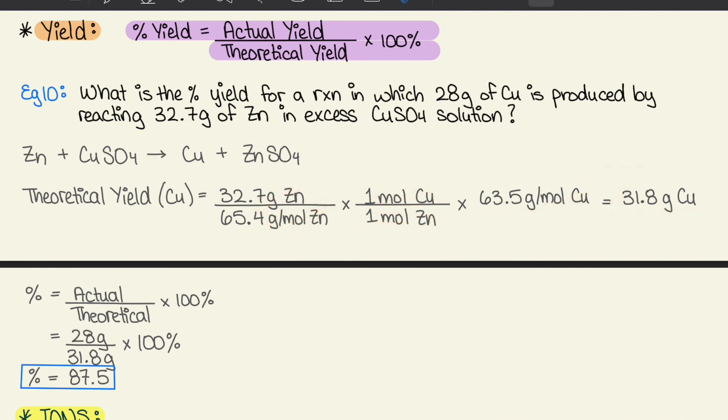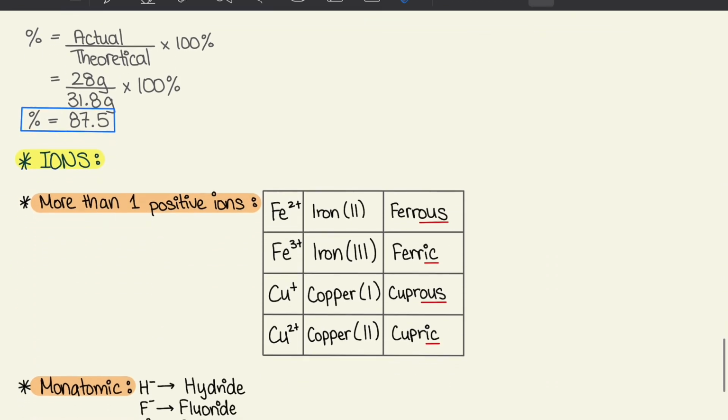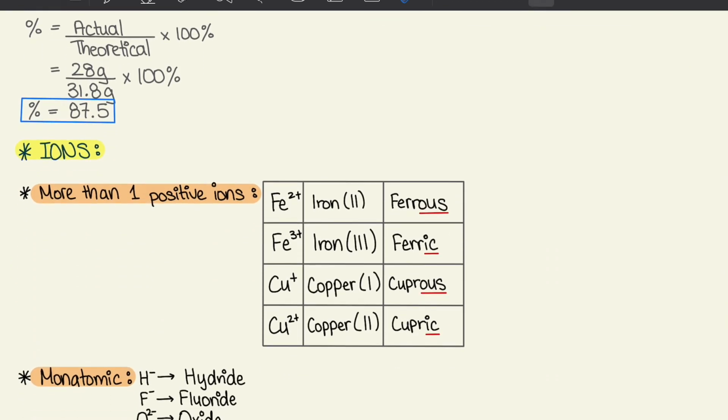Now that we have our theoretical yield, we write percent yield equals actual over theoretical times 100. We plug in the values, and we get a final answer of 87.5%. And that's our final answer.